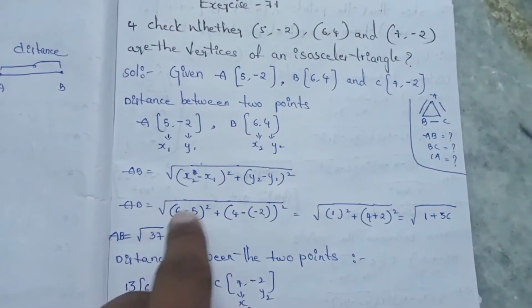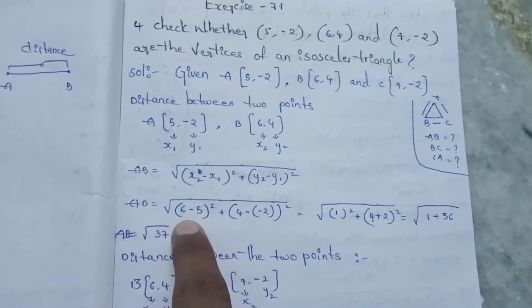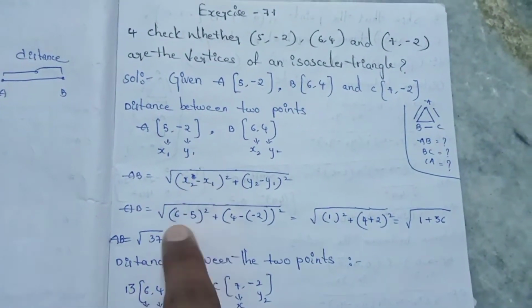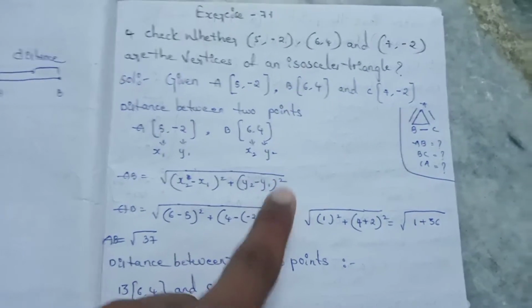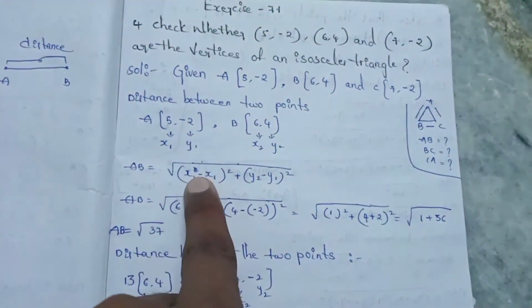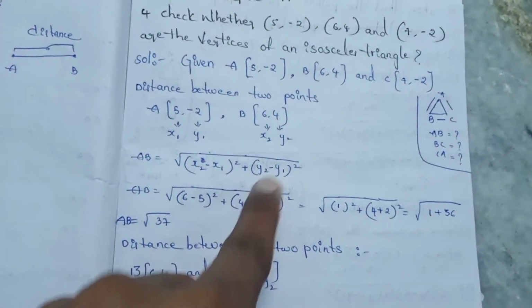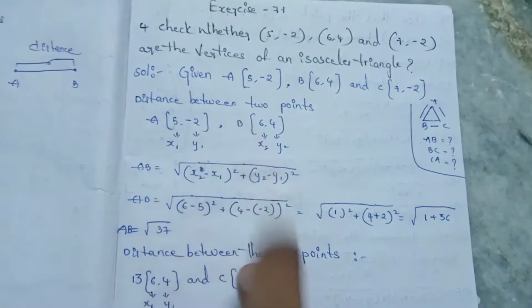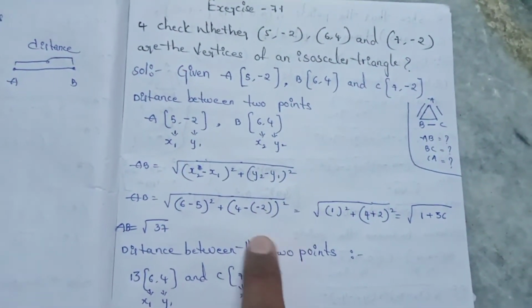Now AB is equal to root of (6 minus 5) whole square plus (4 minus (-2)) whole square. Here minus is repeating two times, so don't get confused. To avoid confusion, I have drawn a bracket.